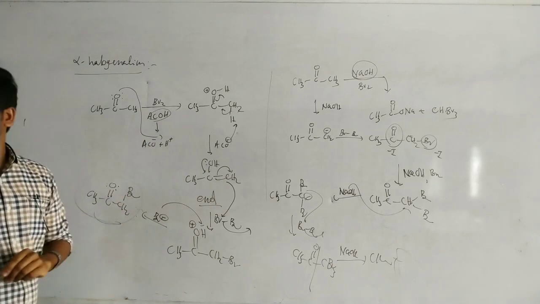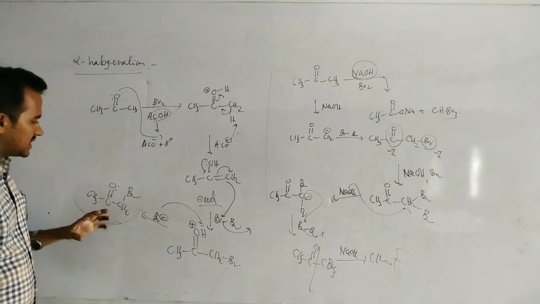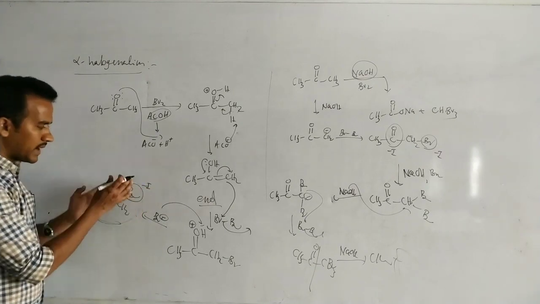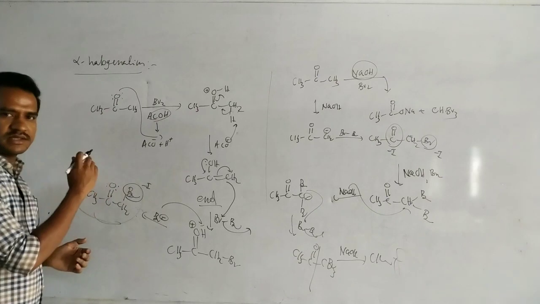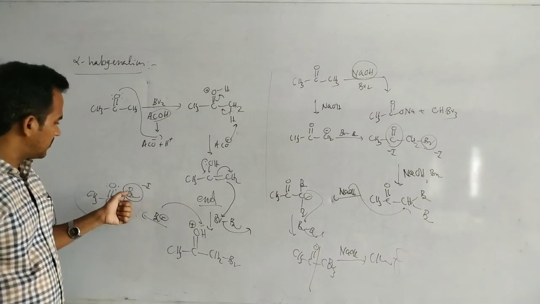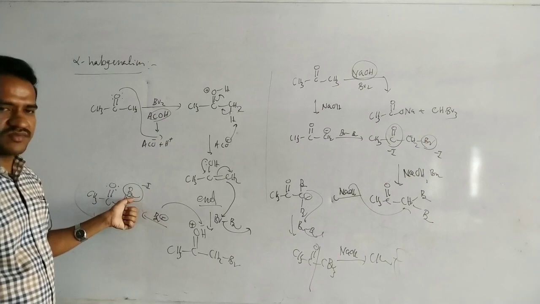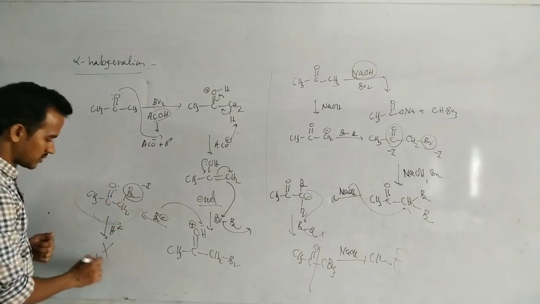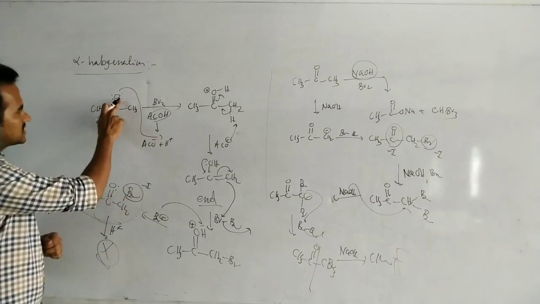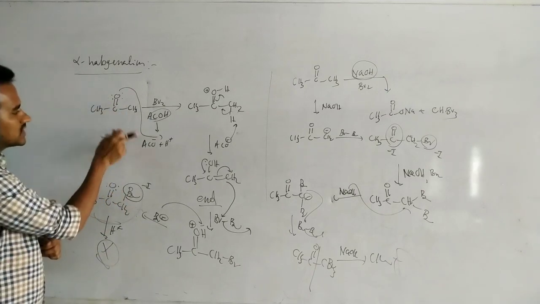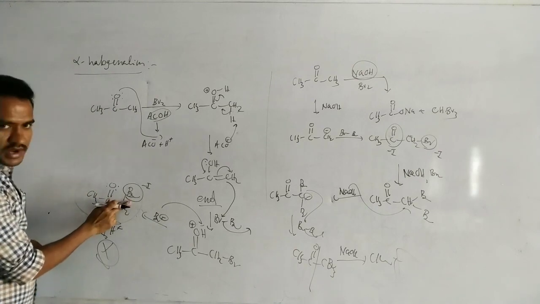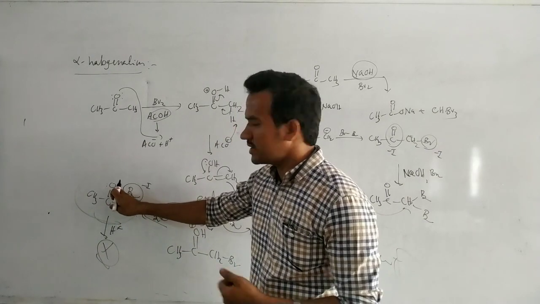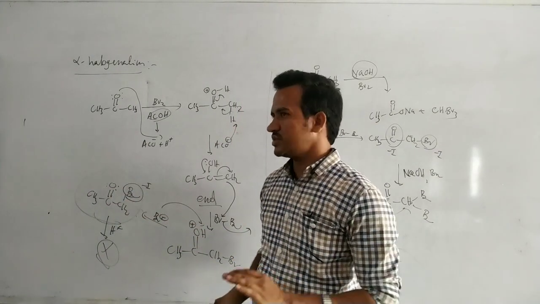But after replacement by bromine, bromine is a minus I group, and by the minus I effect the basic nature decreases. So further protonation is not possible. In the starting compound, methyl is donating, so it is more basic, and that's why protonation takes place. But Br is a minus I group, so because of its minus I effect the basic nature of oxygen decreases.